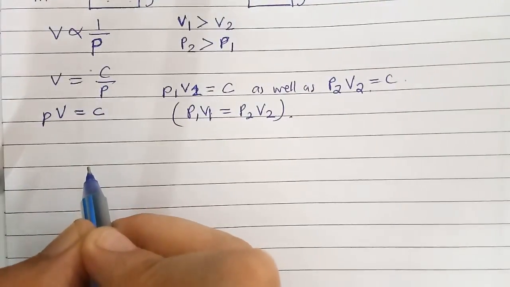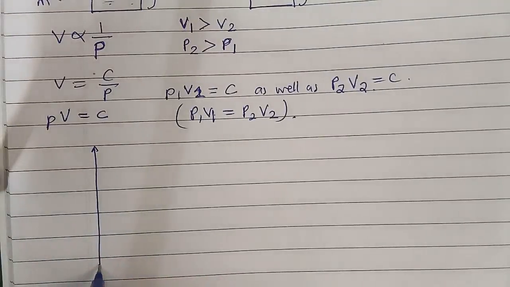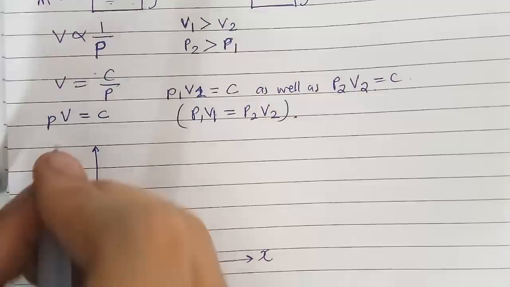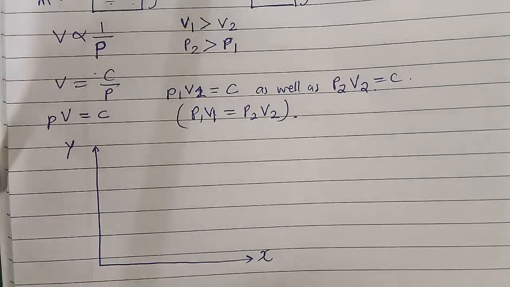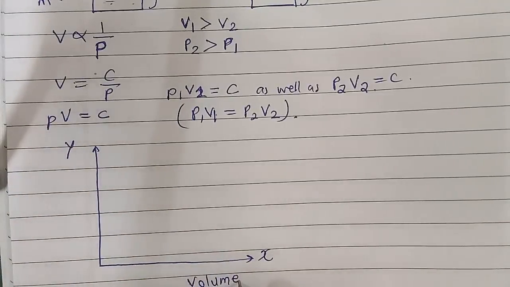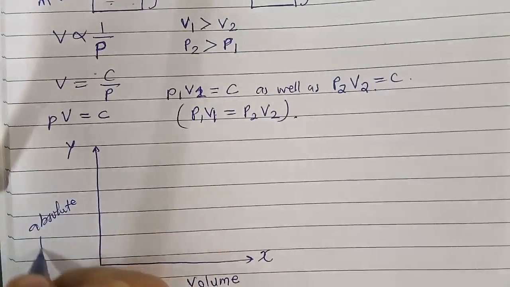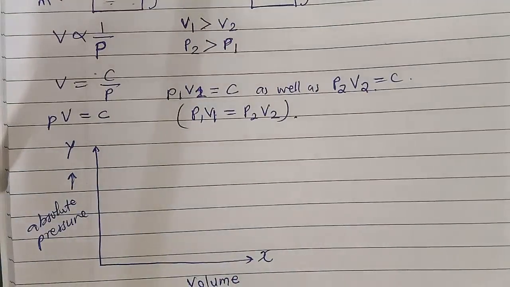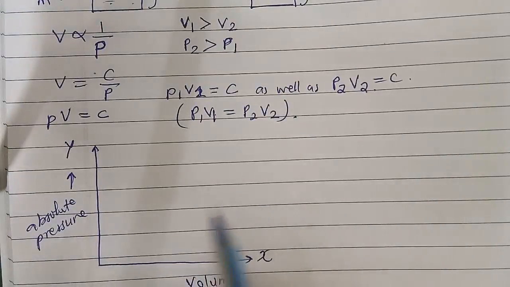And this Boyle's law is graphically represented as shown here. Let us consider one graph. X-axis, y-axis, remember that. In the x-axis we are going to keep volume, because volume is changing when absolute pressure is changed. Okay, so initially, let us consider the volume is more.